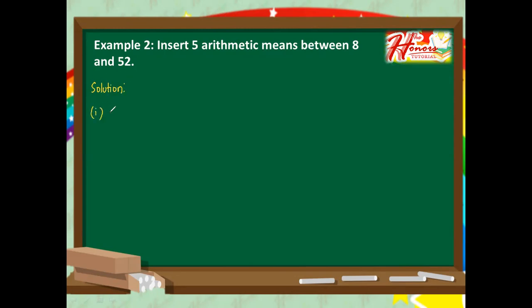Step 1 is to identify a sub 1. That is always the first term. So we have here 8. And then kindly identify n. Since 5 arithmetic means, so that is 5 plus 1, 2. So that's 7. And then for the difference, we don't know it yet. So let's write a question mark here.